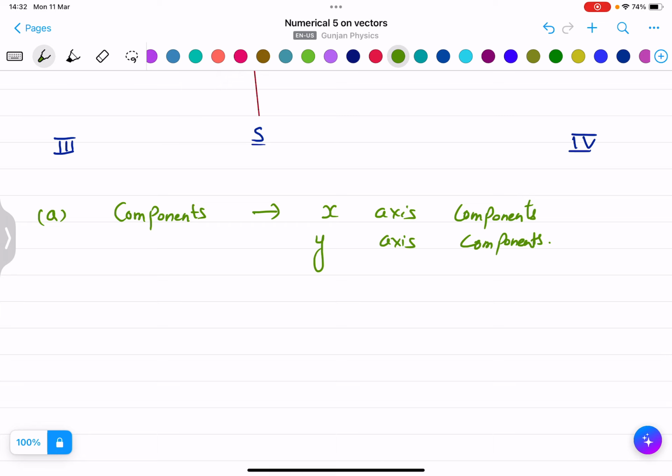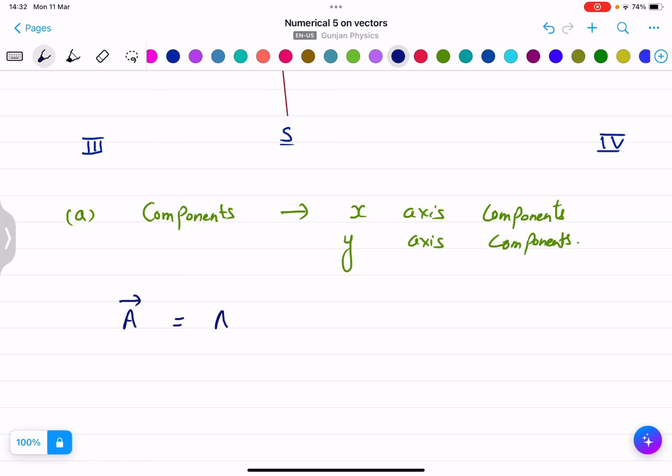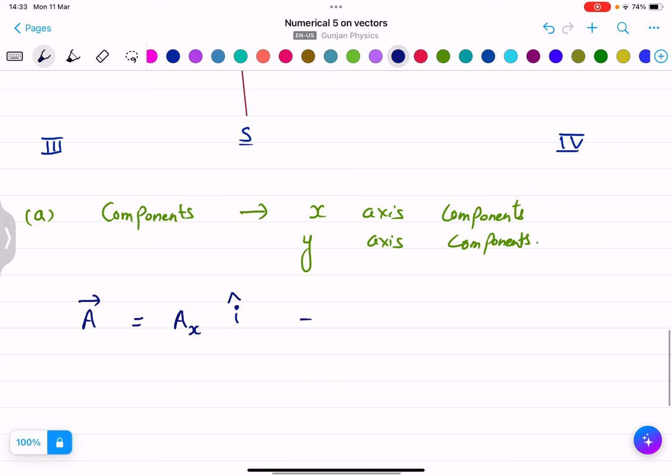So when I am writing the components, I will write in the unit vector form. So what can I write? A vector. So A vector will be the total. I am writing the total A vector, okay? So what will be A vector? It will be Ax i unit vector plus Ay j unit vector.